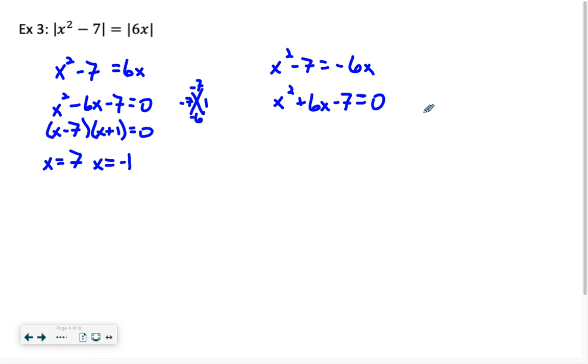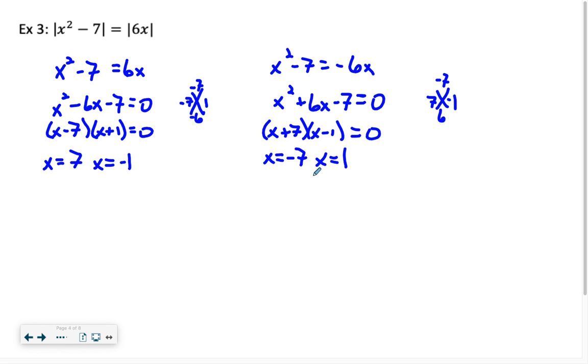Then for this one, two numbers that multiply to negative 7 that add to positive 6, well, that's just going to be positive 7 and negative 1. So we'll get x plus 7 times x minus 1, and that would result in answers of negative 7 and positive 1. Now, we've got 4 answers here.